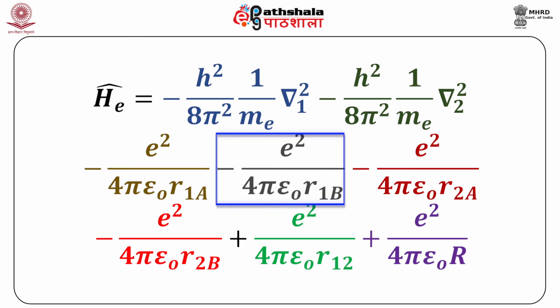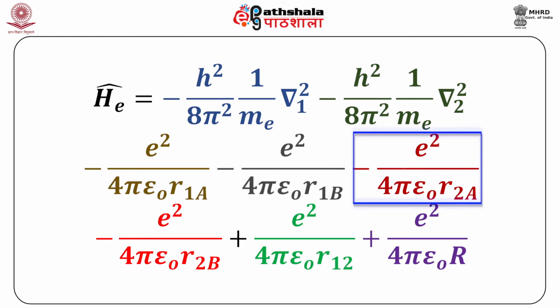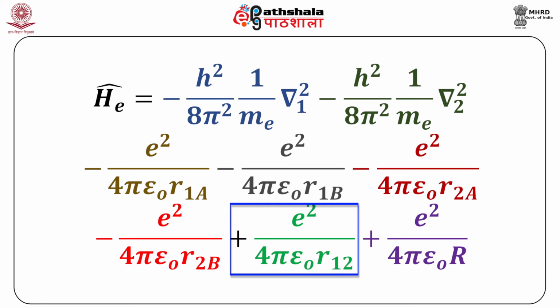Then the next term is similarly negative, that means it is the electrostatic attraction between electron 1 and the nucleus B. If you look at the next term, that gives us the electrostatic attraction between electron 2 and nucleus A. And then we also have a term e square upon 4 pi epsilon 0 r12, which you know is the repulsion term between the two electrons.